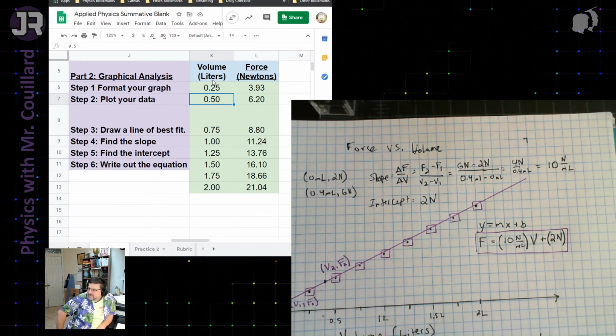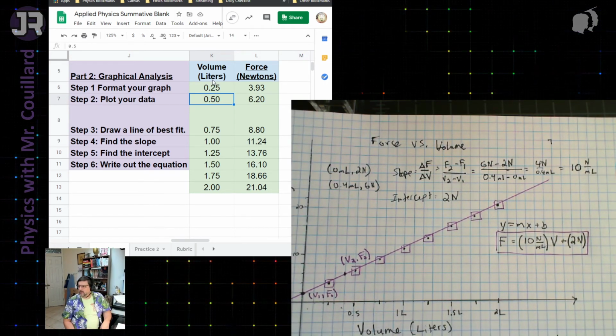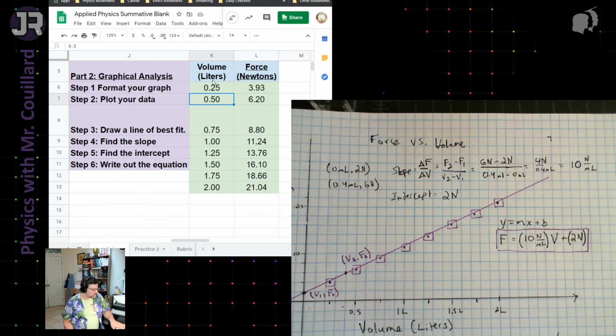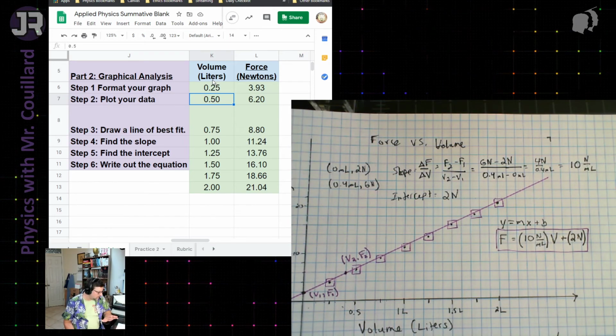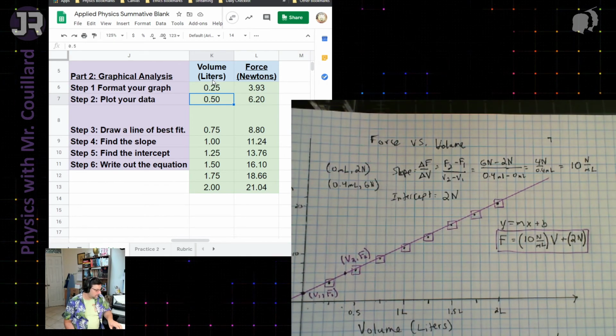Okay, and so that is our complete 100% A plus graphical analysis of this data. So, how did you do? If you collected this data on your own, if you took the averages, did all the conversions, how well did you do?